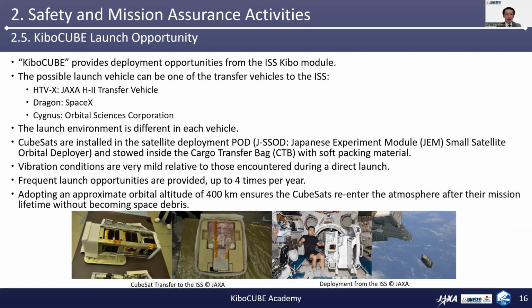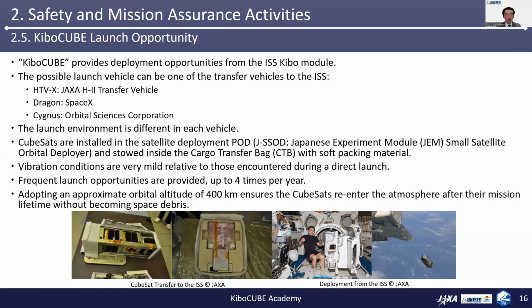CubeSats are installed in the satellite deployment pod, J-SSOD, the Japanese Experiment Module Small Satellite Orbital Deployer, and stored inside a cargo transfer bag, or CTB, with soft packing materials. So the vibration conditions are very mild relative to those encountered during direct launch. Frequent launch opportunities to the ISS are provided, up to 4 times per year in general.